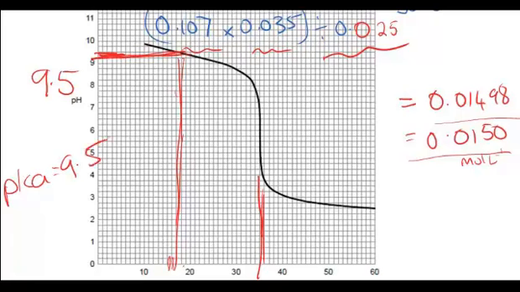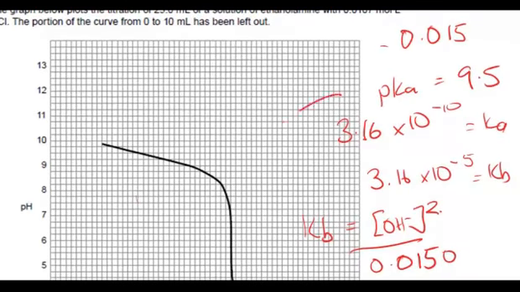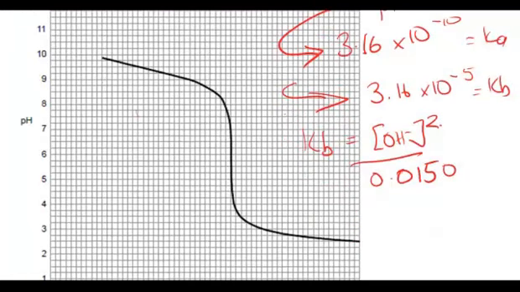Now we just need a calculation to turn that into a Kb. This last part is straightforward. I've transferred pKa into Ka here, and you can do this calculation in a variety of ways, but we then change that into Kb, which allows us to do the final calculation.